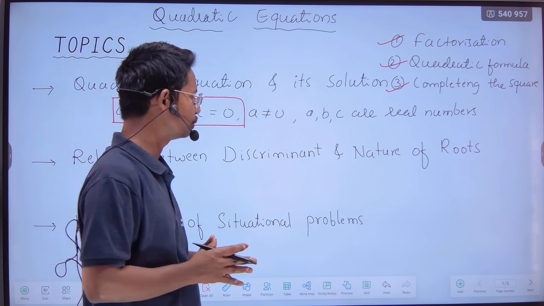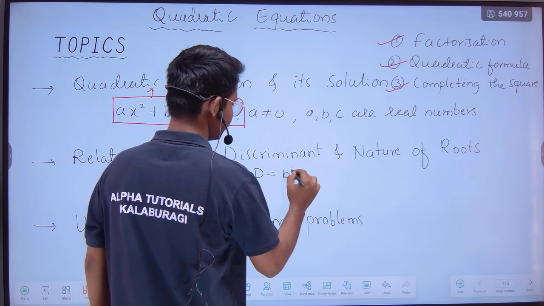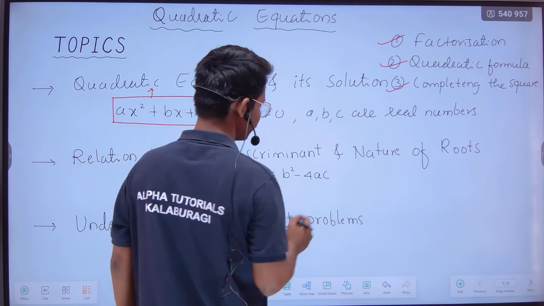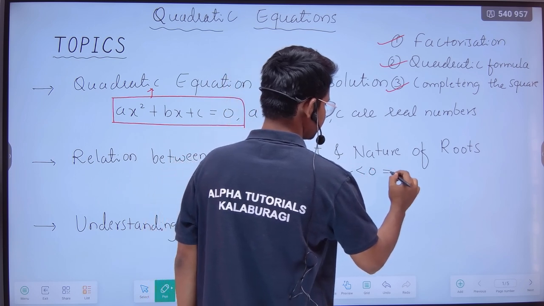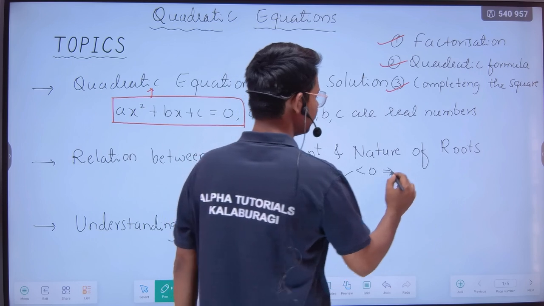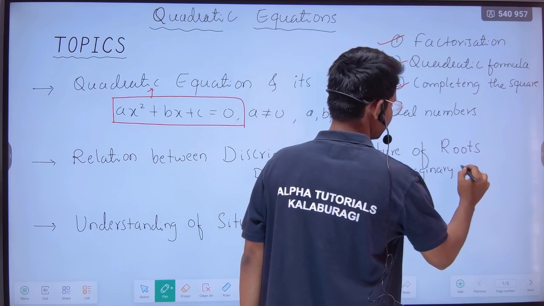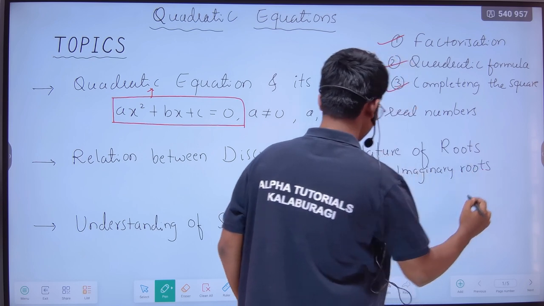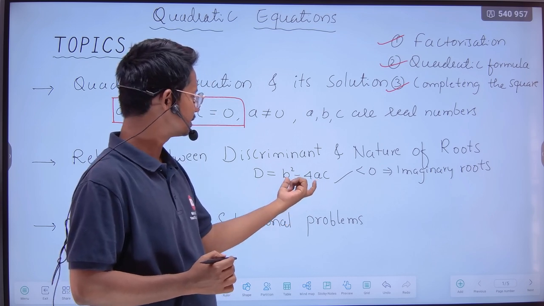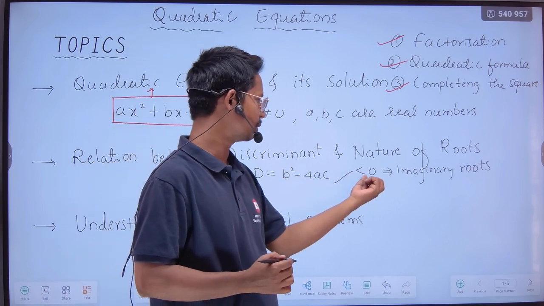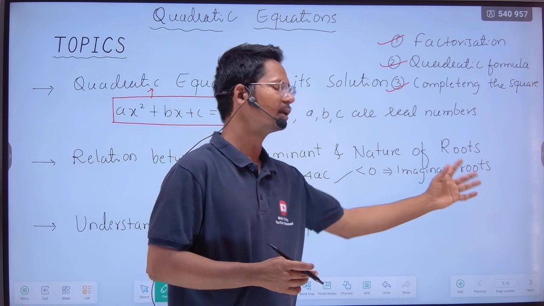The discriminant is denoted by D, and D is given as b square minus 4ac. If b square minus 4ac is less than 0, which means negative, we will not get any real root, so we say the roots are imaginary roots.